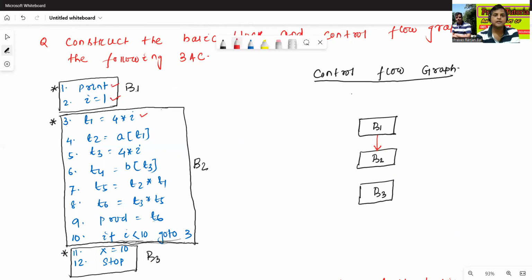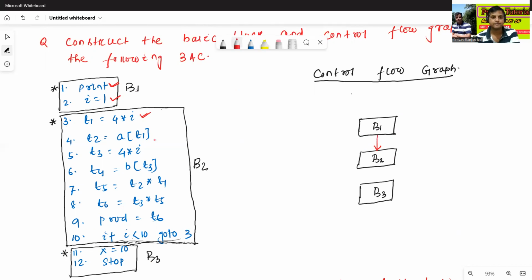We'll execute line number 1, line number 2, then line number 3 as well. Means we can directly go from B1 to B2. Okay.